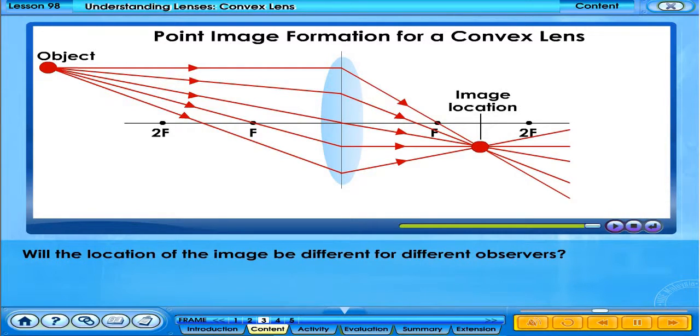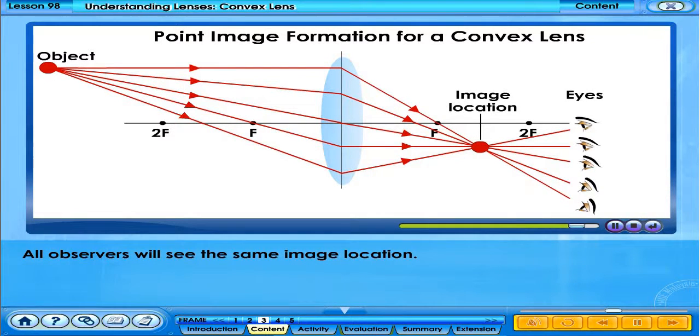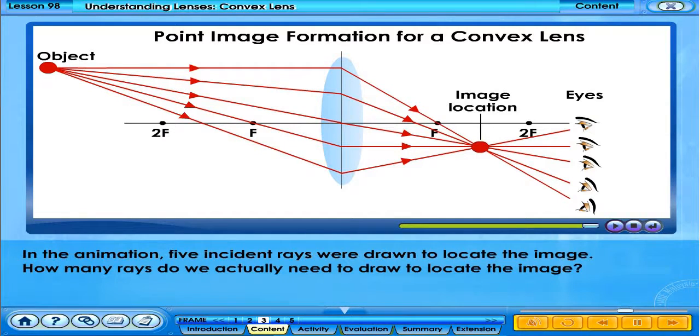Will the location of the image be different for different observers? All observers will see the same image location. In the animation, 5 incident rays were drawn to locate the image. How many rays do we actually need to draw to locate the image?